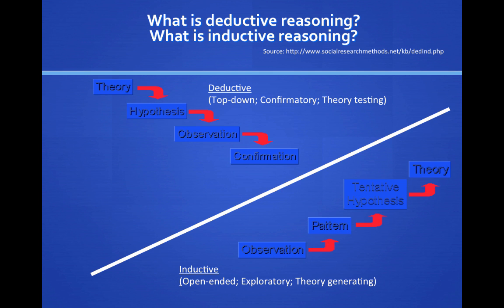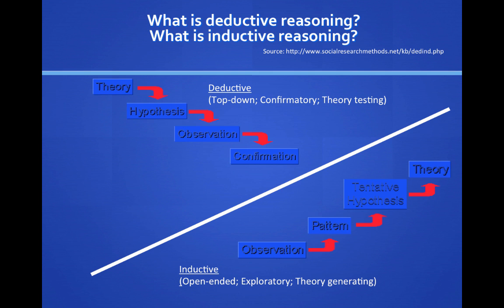So it's basically the opposite of deductive reasoning. In qualitative research, you start very much at the micro level, and then you move up to the macro level. You start talking to people, observing situations, collecting data to identify patterns that exist across individual cases.